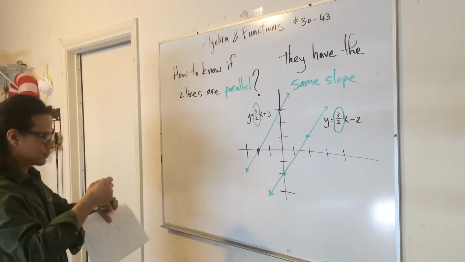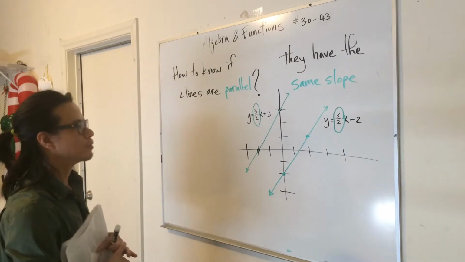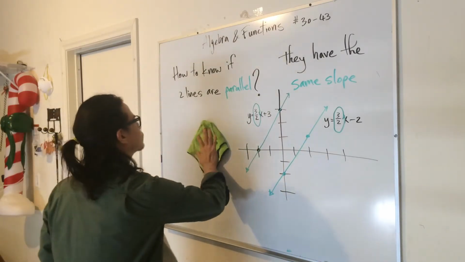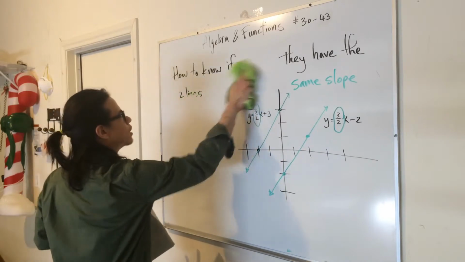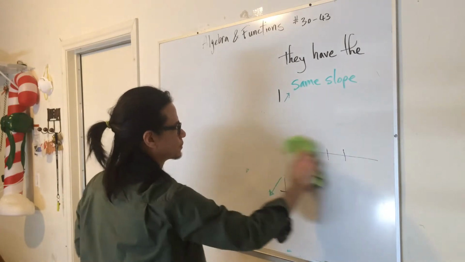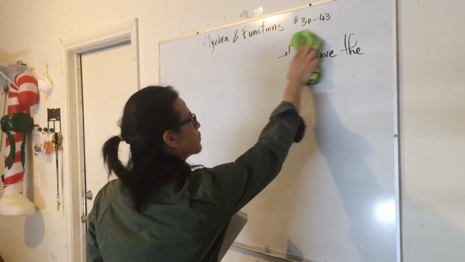Since we're on a roll here, let's talk a little about what we call the negative reciprocal of a number. A fancy word.